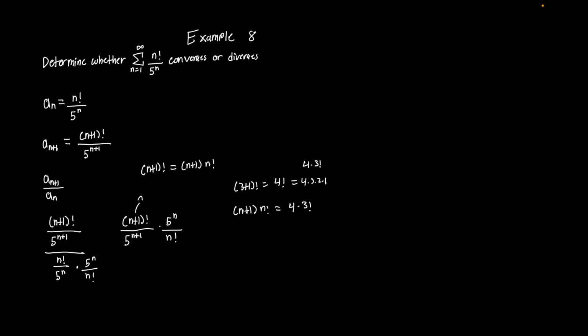Because 3 factorial is just 3 times 2 times 1. Therefore, these two are the exact same thing. That's why we can rewrite this as n plus 1 times n factorial. Hopefully that made sense. Let me write it down, for n equals 3, if that helps you. So factorials are a little complicated, but whenever you try simplifying them, just to double check, always plug in a number and see if you get the same results.